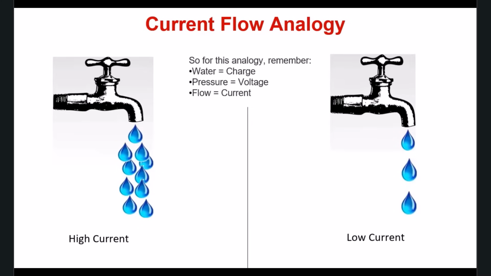So if the amount of flow of the current is high, that is considered as higher current, and if the amount of flow of the water is low, that is represented by the lower current. If the pressure is more, more current will flow. It means if the voltage is more, more current will flow in the circuit. If the voltage is less, or the pressure is less, less current will flow in the circuit.